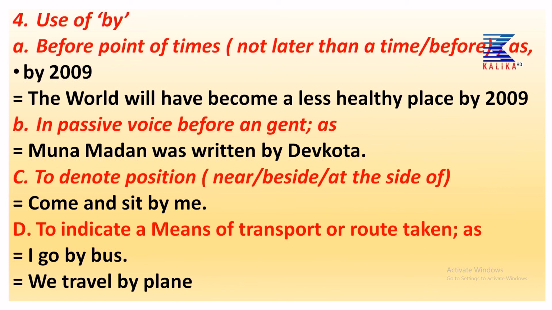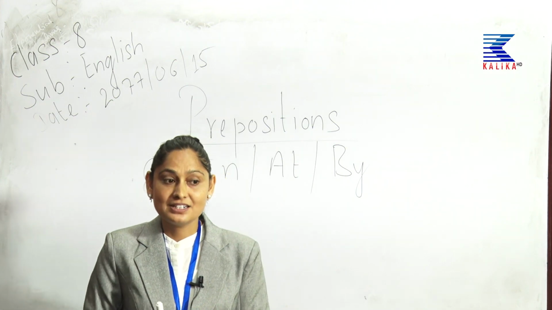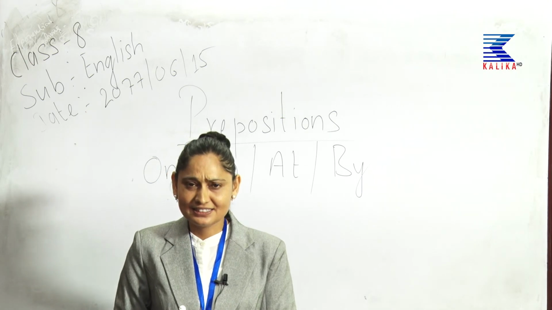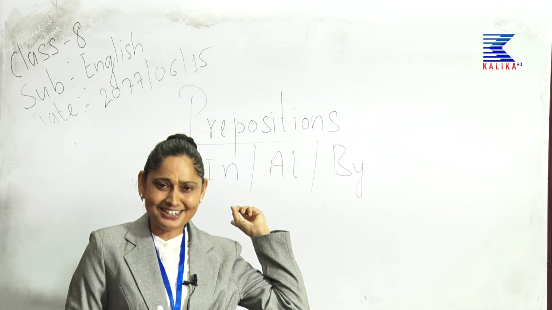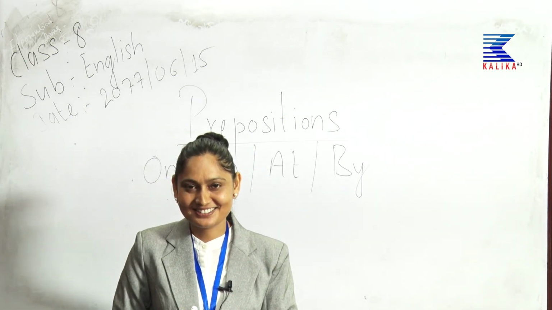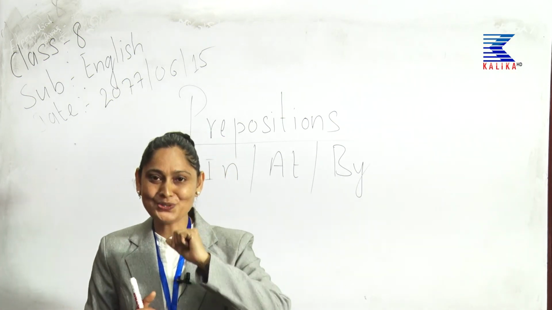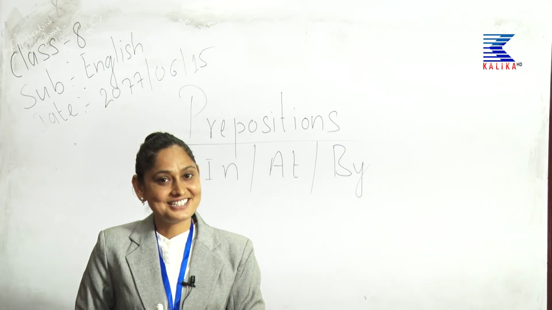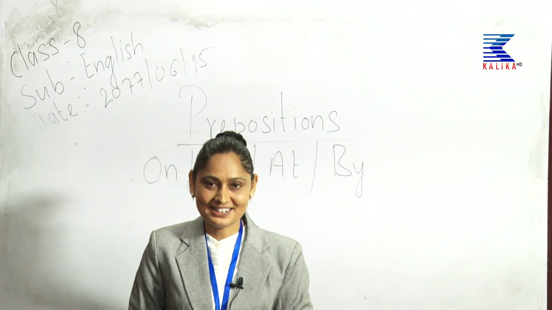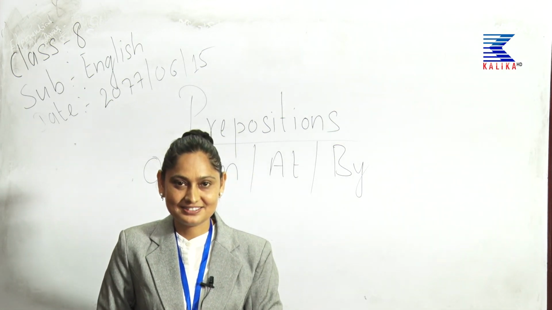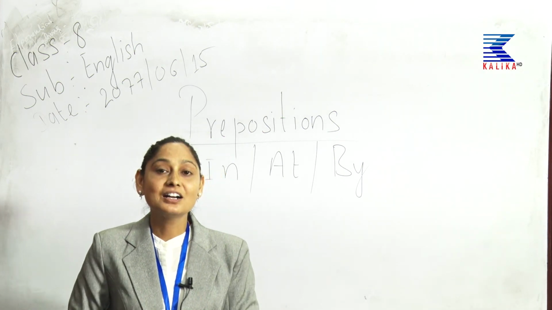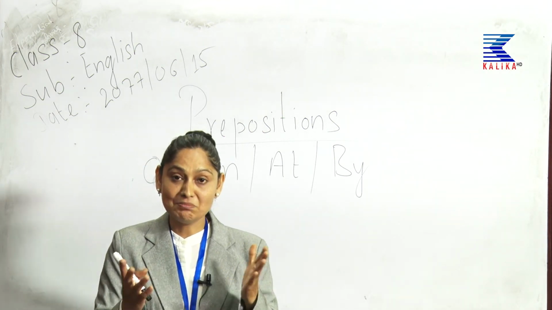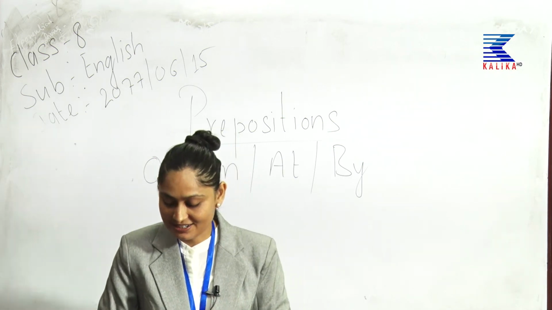So, this is how we express it. And another is, I met her by chance. I met you by chance. Please send it by email. So, this is the use of by.